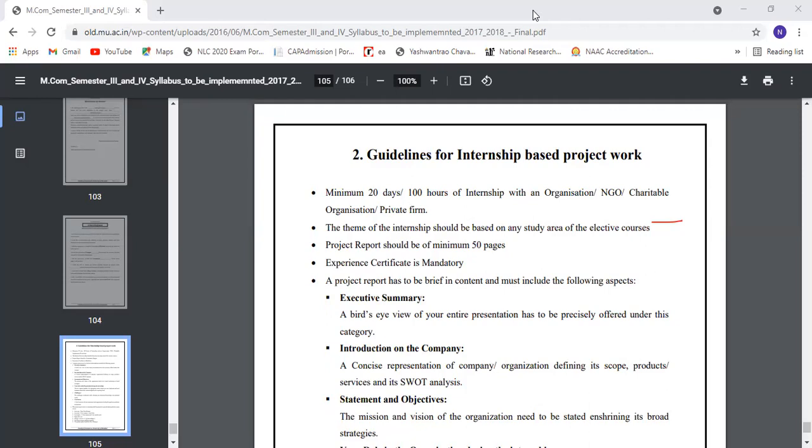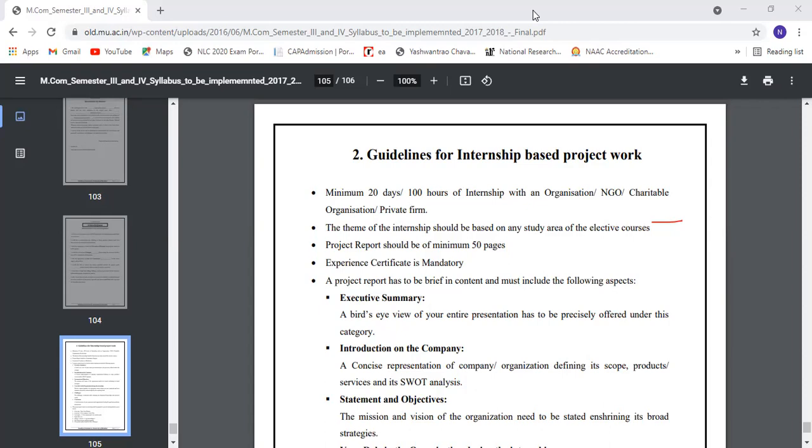Whatever your theme is, for example working capital management or banking regulation, the person can go for 20 days of internship. Your study should be related to your elective subjects, elective courses.